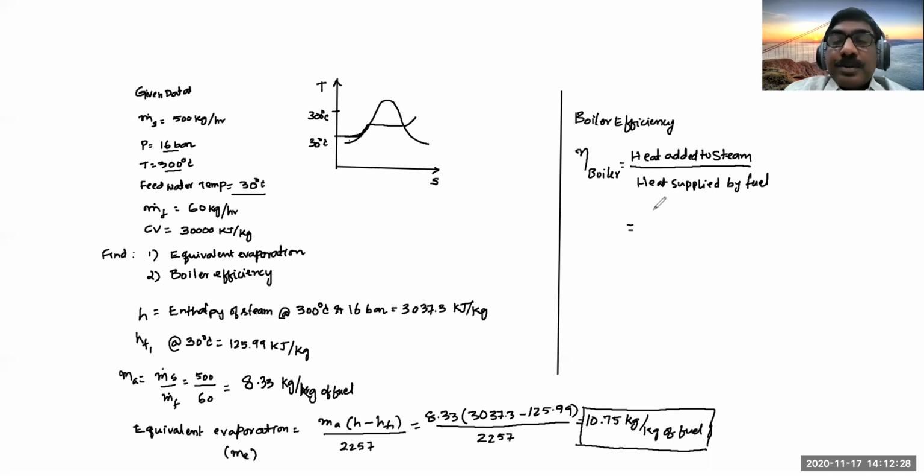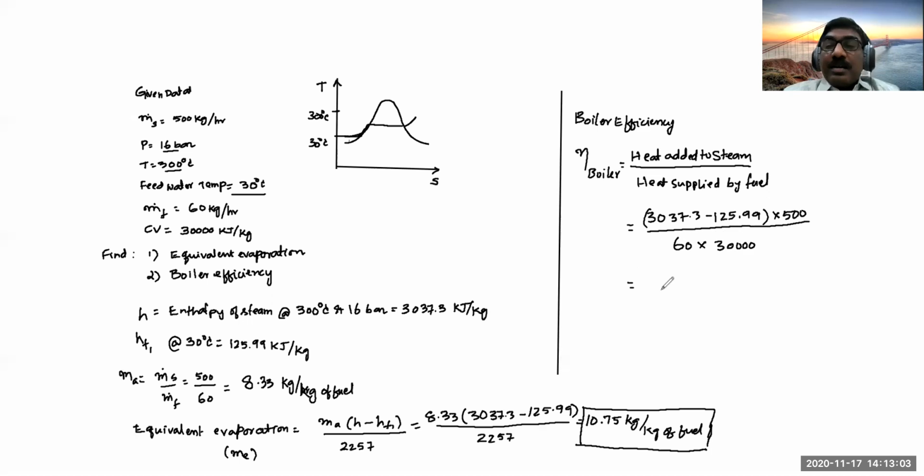So this is 3037.3 minus 125.99, the heat added per kg of steam, into 500, divided by how much fuel? Fuel is equal to 60 kg per hour into what is the calorific value? Calorific value is equal to 30,000 kilojoules per kg.